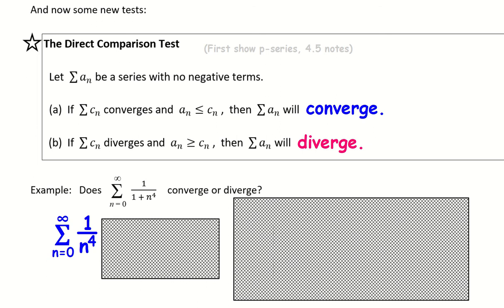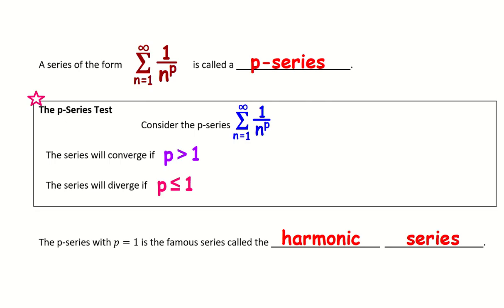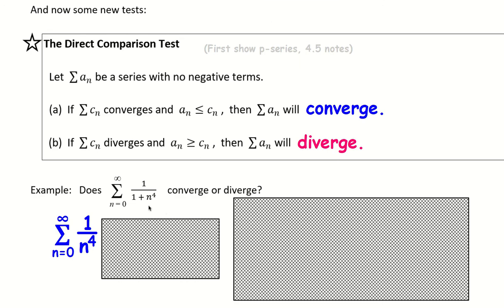And it's not a p-series. It doesn't fit this mold exactly. So like I said, the first handful of tests you would try don't apply. You come up empty-handed. So let's try this direct comparison test.